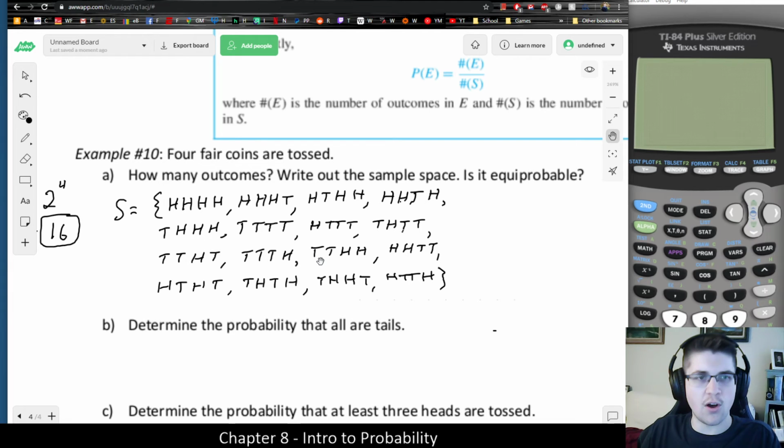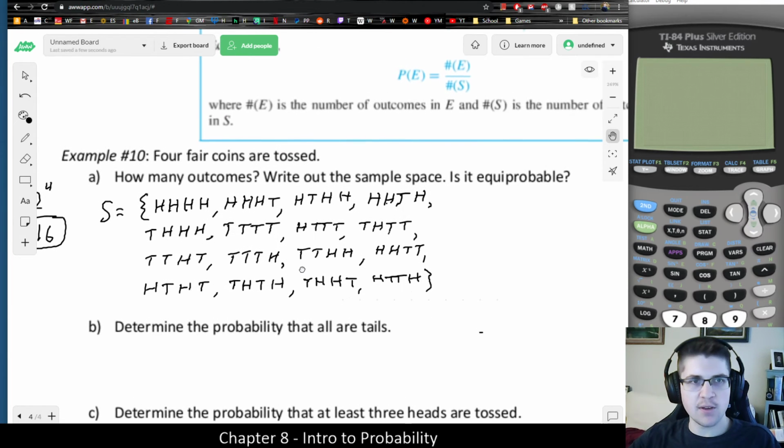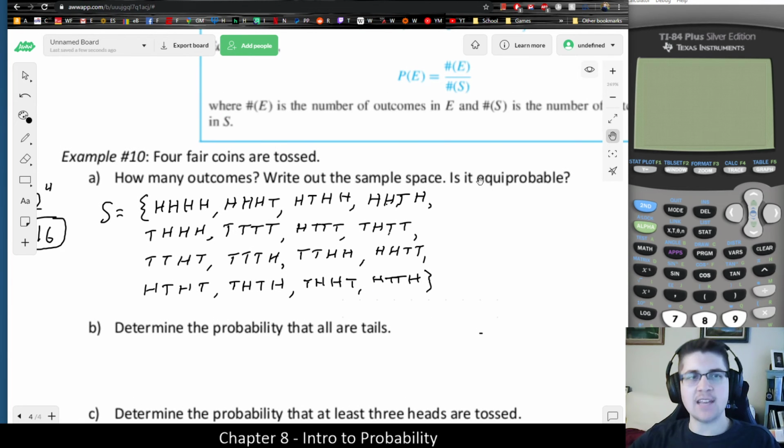And I know that's all because I already knew the total number of outcomes, but it's a way of really knowing and checking yourself for the full sample space. And it's equiprobable because each one of the coin flips was 50-50. So each one of these outcomes is equally likely.